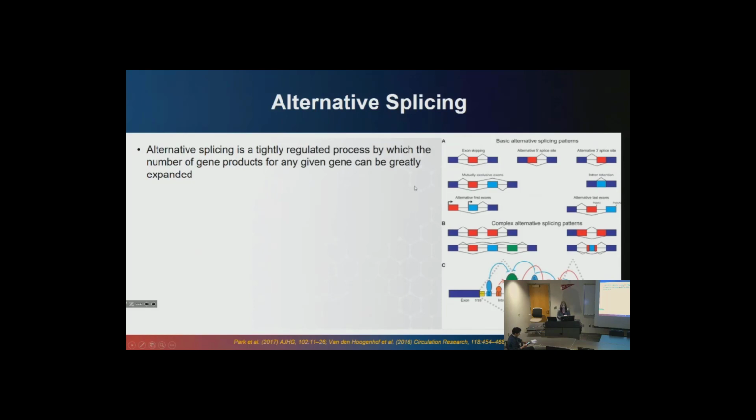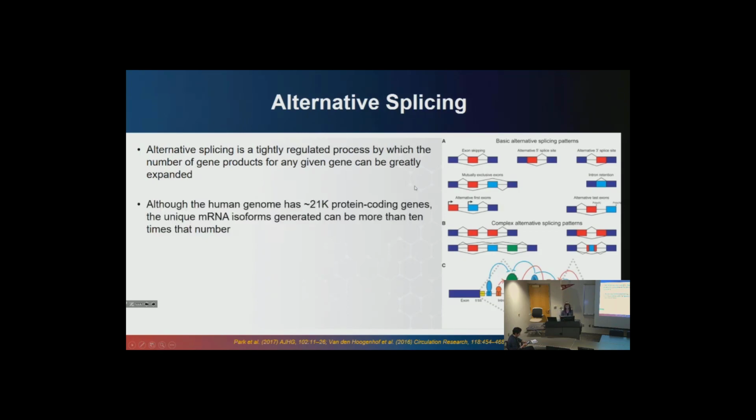Basic alternative splicing patterns include exon skipping, alternative 5' or 3' splice site selection, mutually exclusive exons, that is, one of the exons is skipped but not both, intron retention, where sometimes introns are not removed, and alternative first or last exon selection. And there are more complicated versions of alternative splicing patterns. Alternative splicing is a natural process, and it is tightly regulated, by which the number of gene products for a given gene can be greatly expanded.